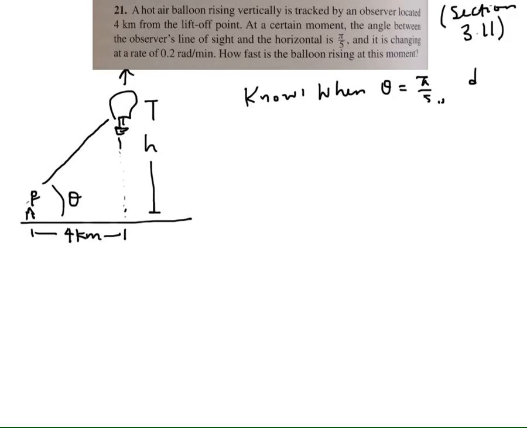So the rate of change of theta is d theta dt. Maybe I should write this underneath: 0.2 radians per minute. And what do we want? We want to know dh dt at this time.